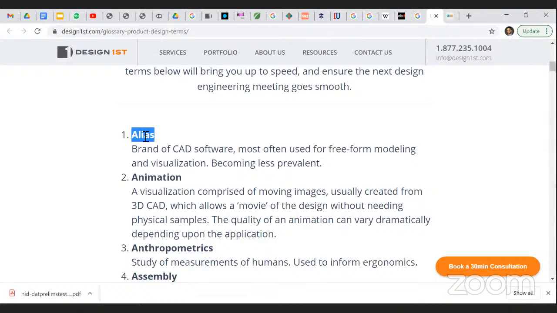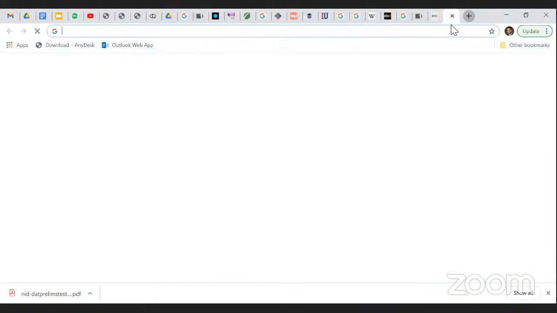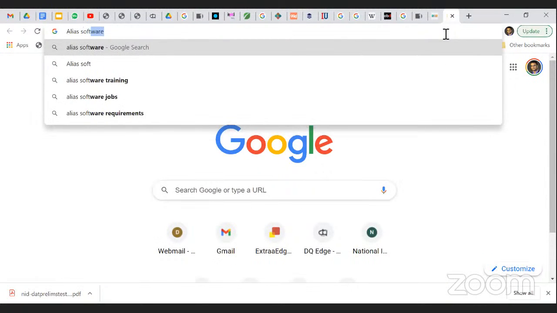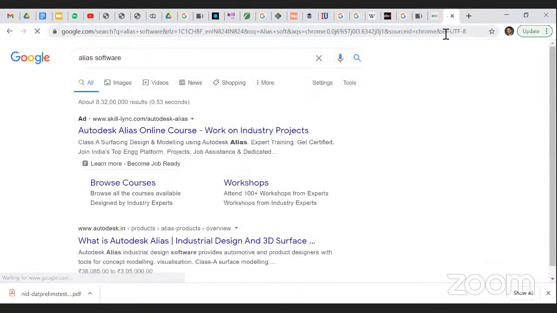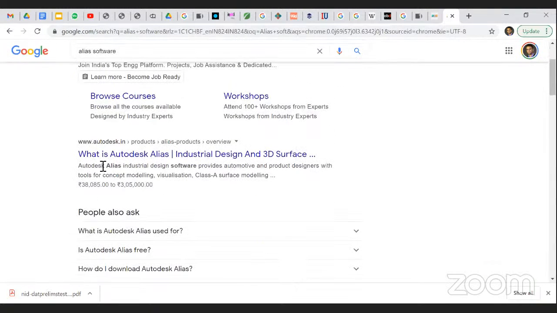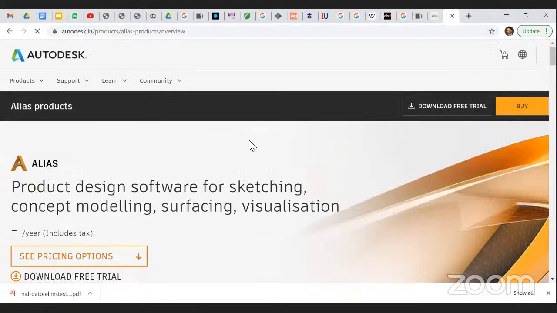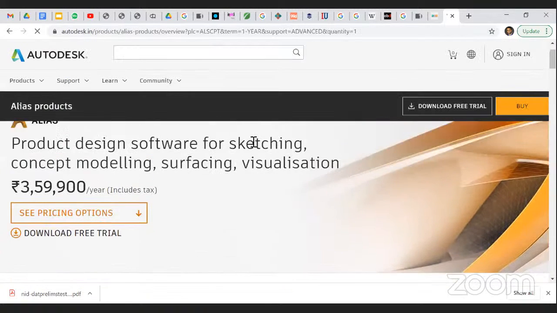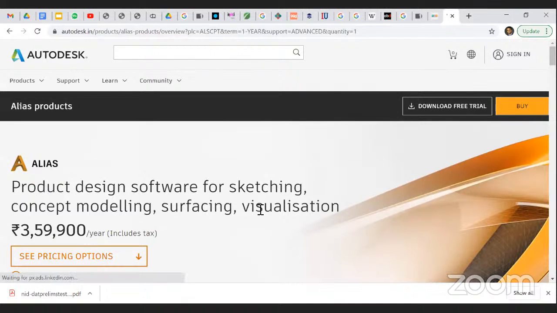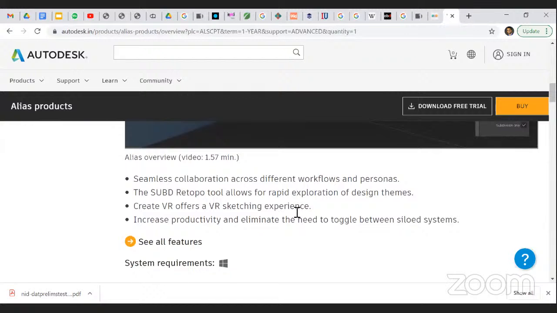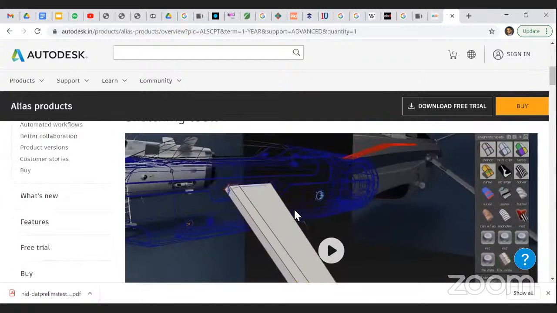So once you come across this kind of words, what you have to do is further do a detailed research, right? Because it's a software, alias software, right? Then you get to the right source, and then you can study about that and understand what this particular software is all about. Now this is extensively used in transportation design.